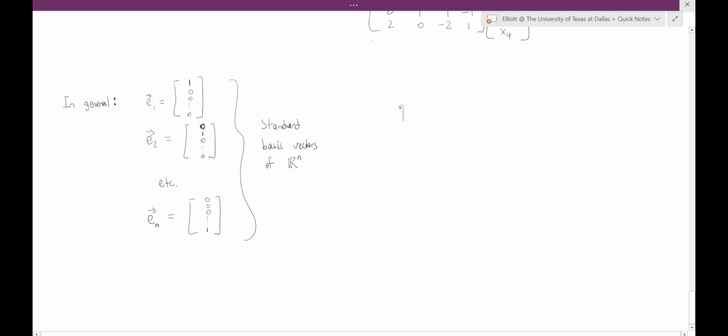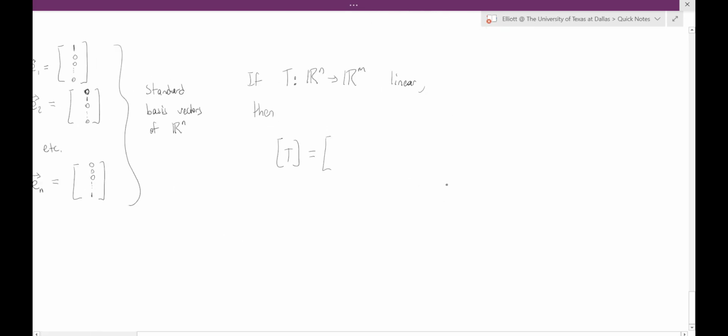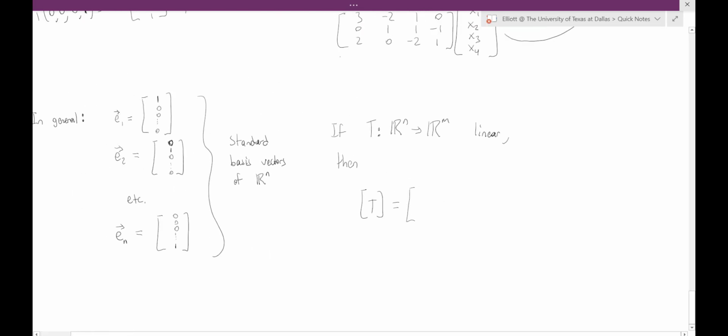And then if we have a linear transformation from Rn to Rm, then to get the matrix of the transformation, the first column of the matrix will be the transformation applied to vector E1.